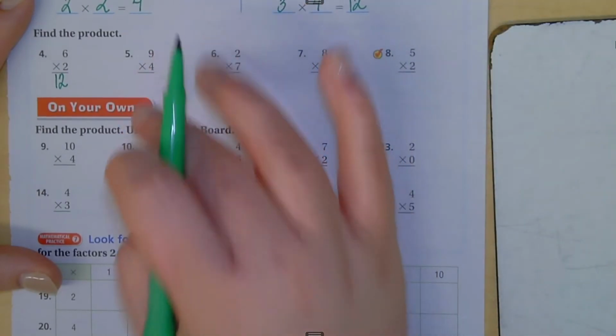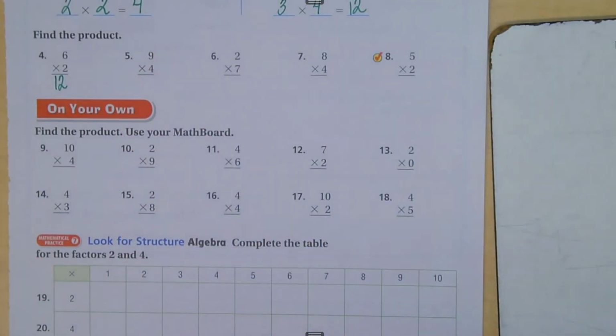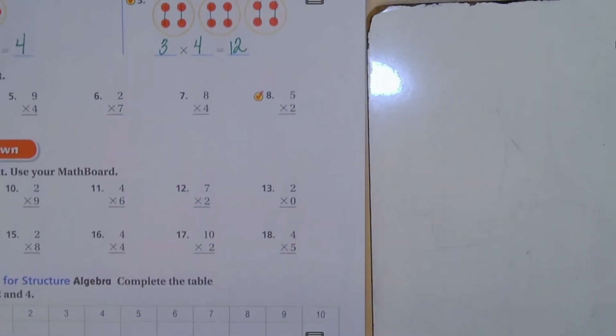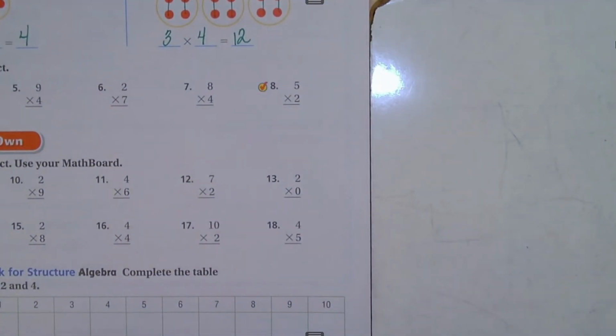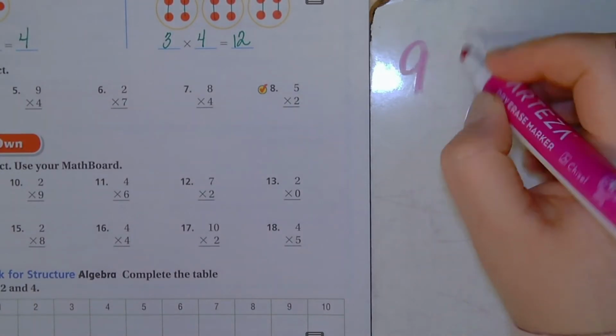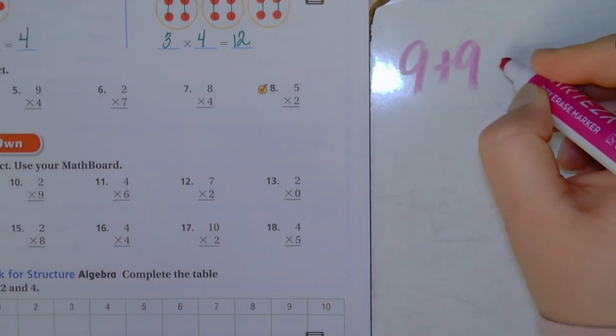Okay, 9 times 4. Okay, so I know I can do 2s and double it, but you shouldn't do that part in your head. So if I do 9 times 2, right? So that would be 9 plus 9.